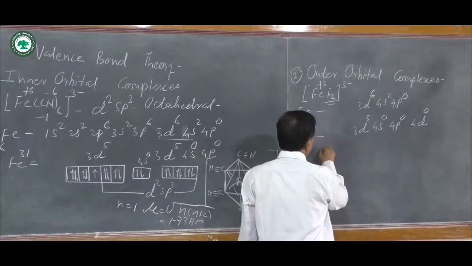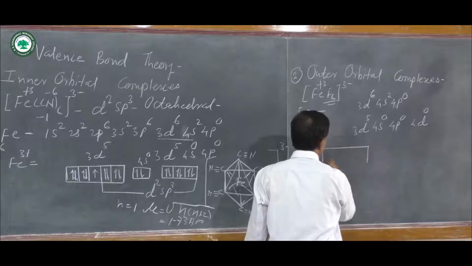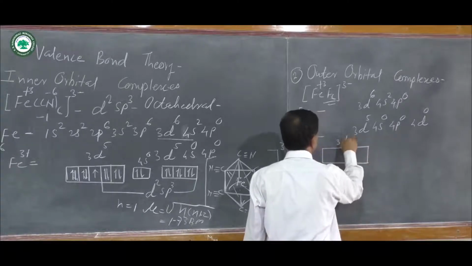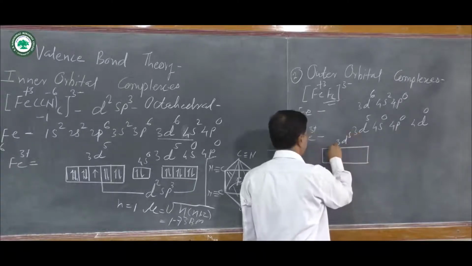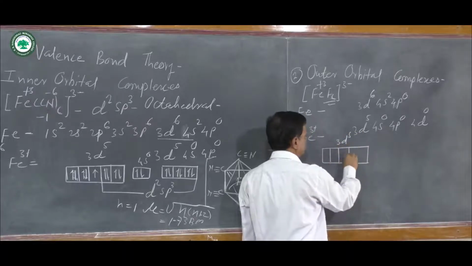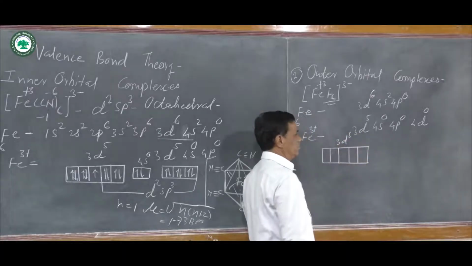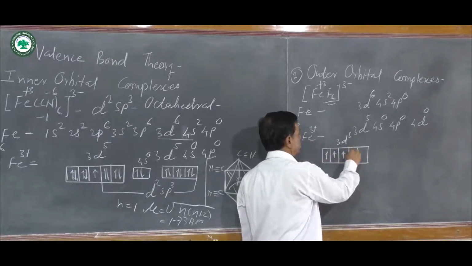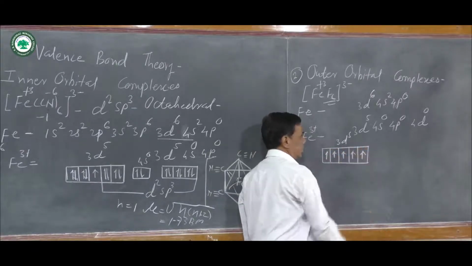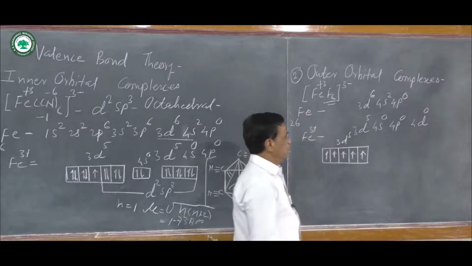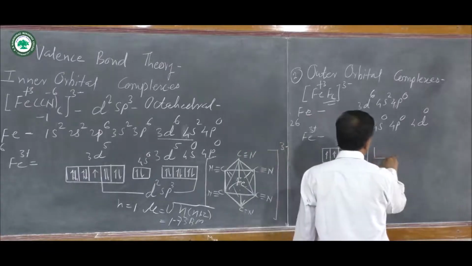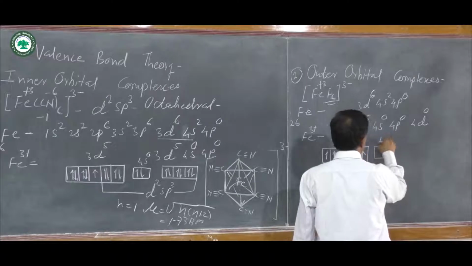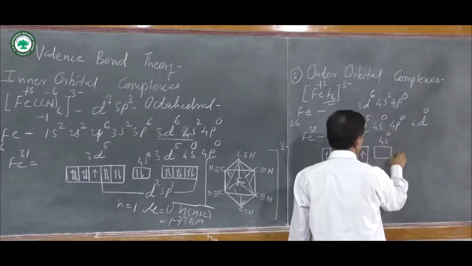Here 5 3d orbitals containing 5 electrons, 1, 2, 3, 4 and 5, and they contain single electrons. All these 5 electrons are unpaired. Then next one is 4s. In this 4s, there are 0 electrons.